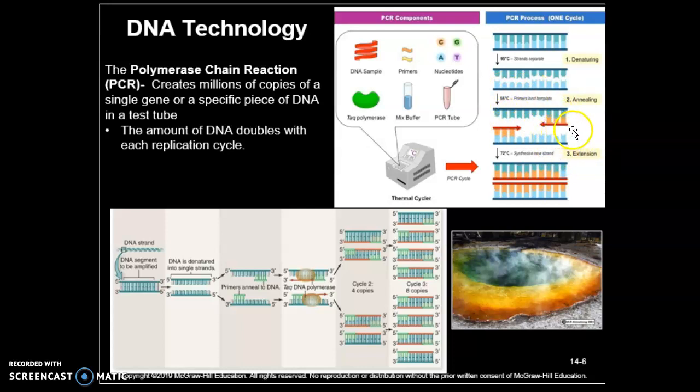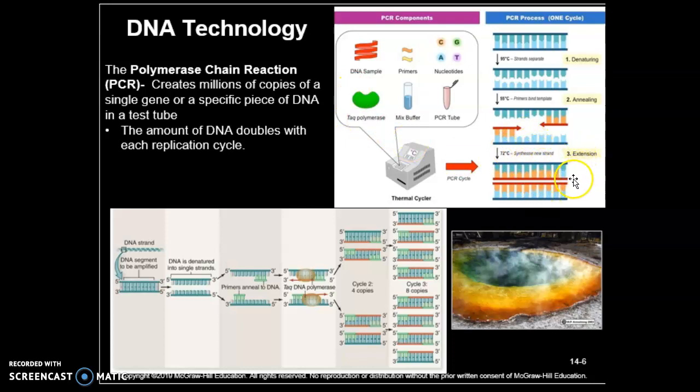And what happens is the Taq polymerase works really well in warm, hot environments, really. So they're actually found in places like the hot springs and geysers of Yellowstone, for example, in the bacterium. So this is a certain type of polymerase that works well under heat. So that's what we use it for.